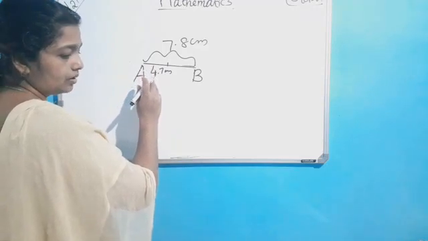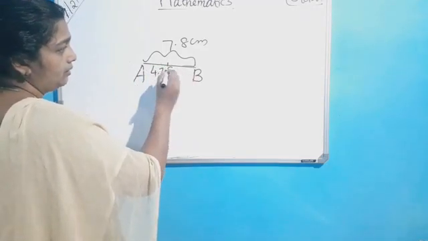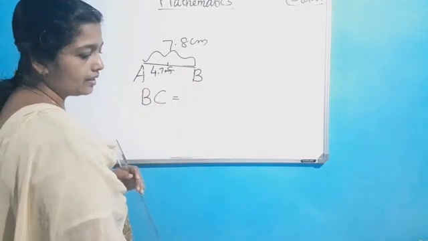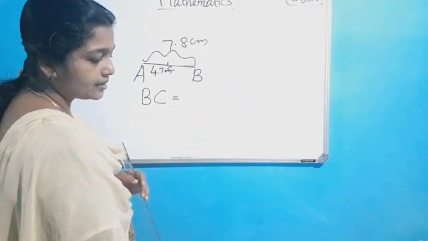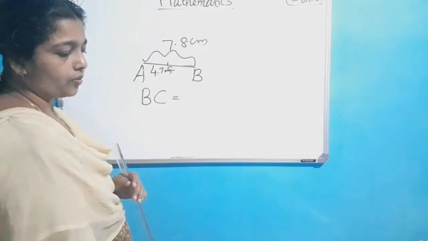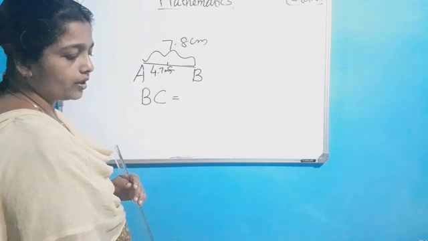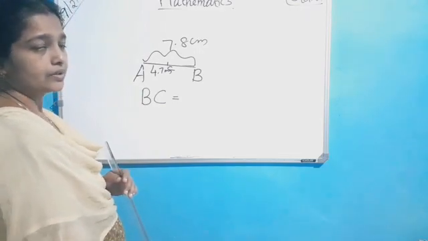So AB, next cut off AC, then BC. BC equals 7.8 minus 4.7, sorry, 4.7. You will get the correct answer. Clear?